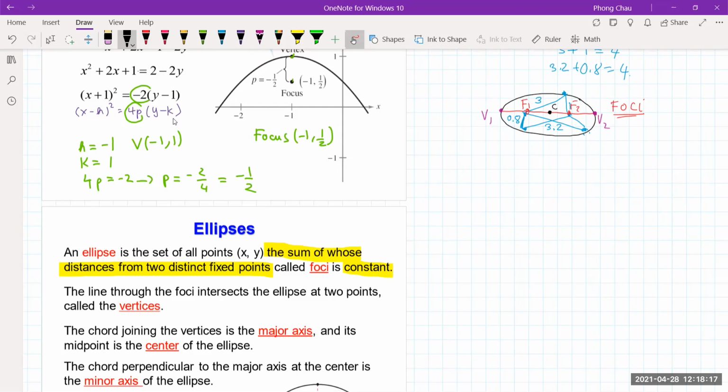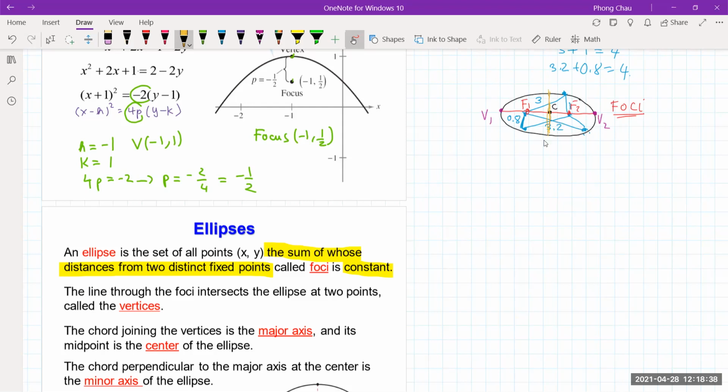If you draw the chord through the center and perpendicular to the major axis, this is called the minor axis.